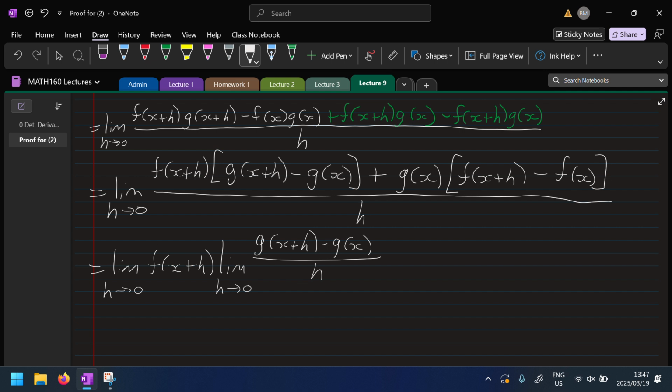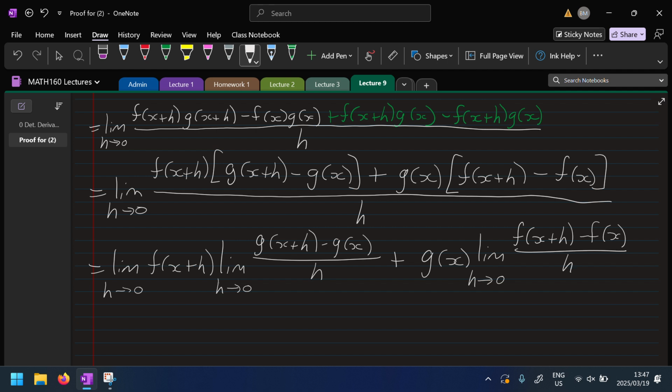So that's stuff in the square brackets. I made its own limit over there. Plus, and then g of x can just be by itself there. And then again, the stuff in the square brackets, I'm going to make its own limit. Yeah, so that will be f of x plus h minus f of x over h.